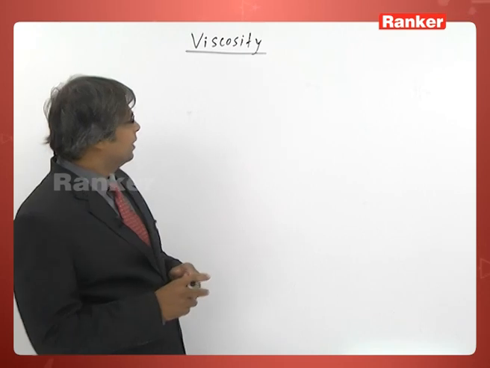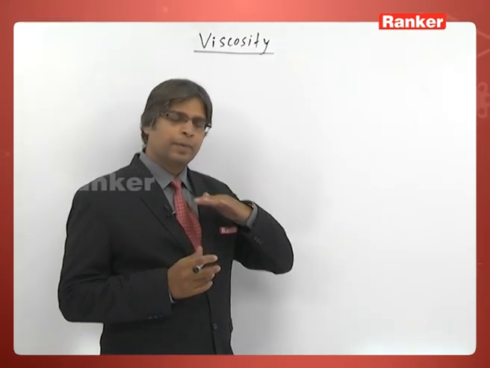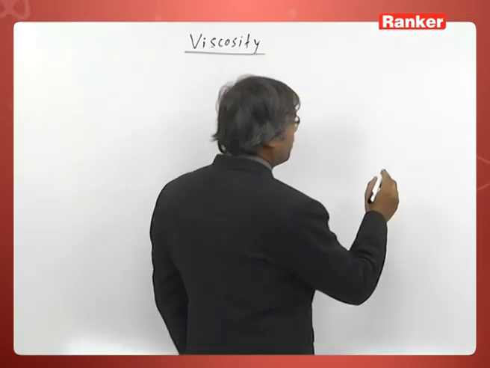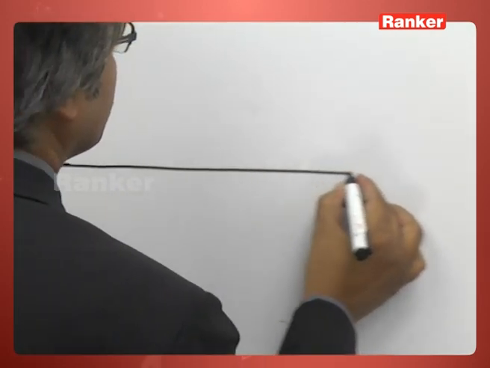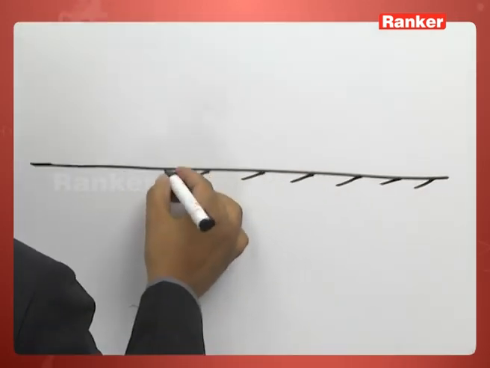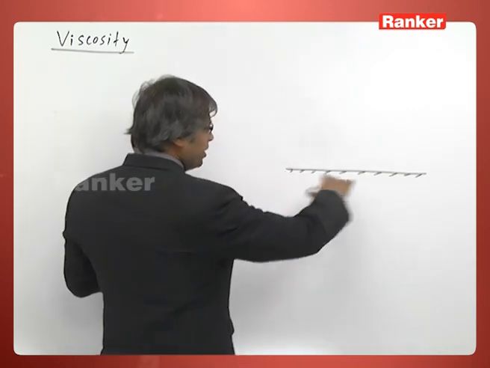Now let us see the laminar flow of a liquid over a plane horizontal surface. So, we have a plane horizontal surface like this and a liquid flows over it.